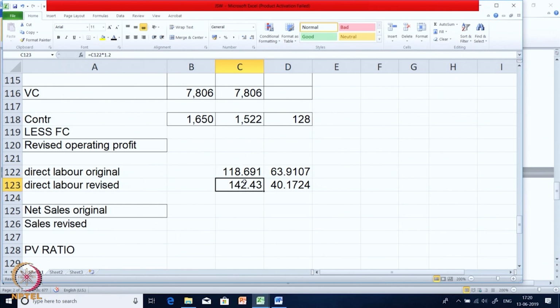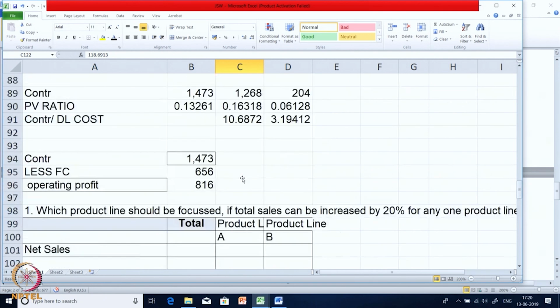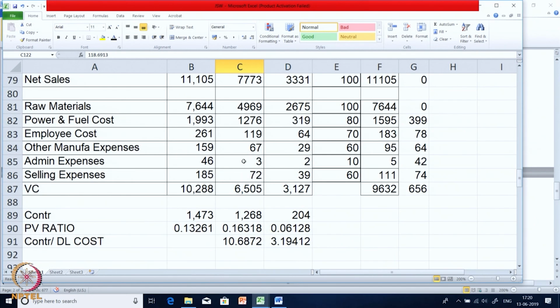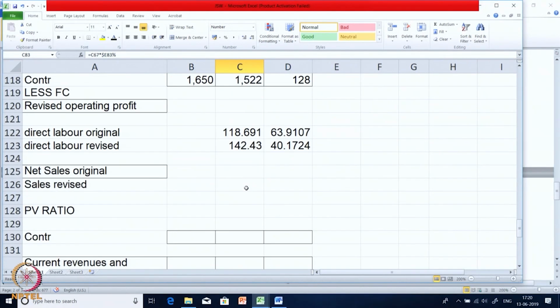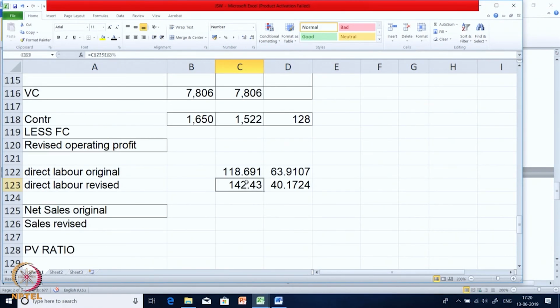Are you getting me? So 118 was the original direct labor from our original calculation. The revised direct labor is to accommodate the extra 20% of sales. Since it is variable, it will require 20% more labor, which is 142.